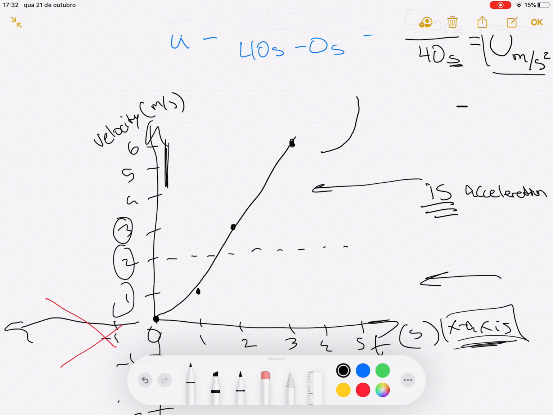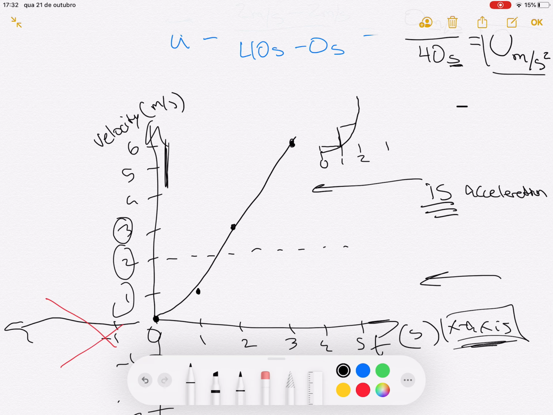This is because, imagine this is 0 seconds, this is 1, and this is 2. From 0 to 1 second, there's only a slight increase in height of the graph line, let's say. And then from 1 to 2 seconds, there's a much bigger increase.